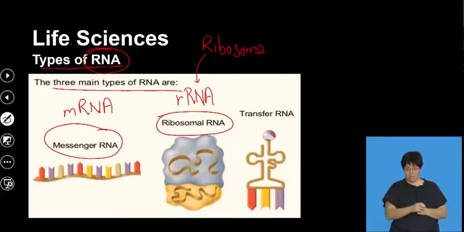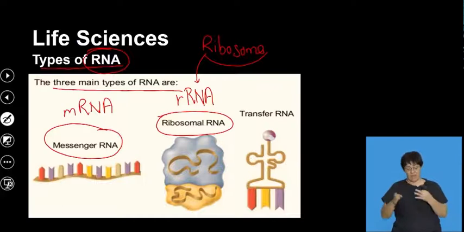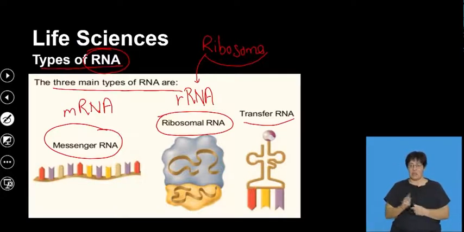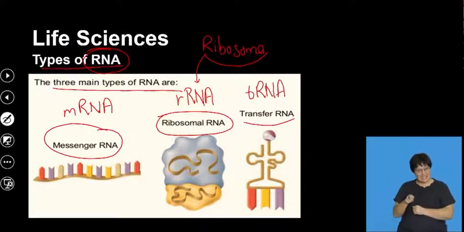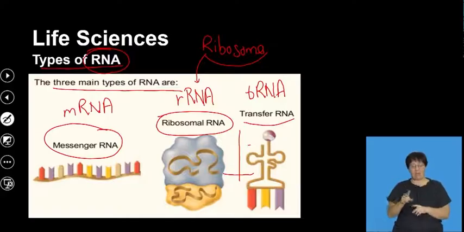So rRNA is actually a ribosome. And the third type is transfer RNA, which is tRNA. And the T has some resemblance to its structure, which is a T-shaped structure, which has a unique function, and we'll look at their functions in a bit.